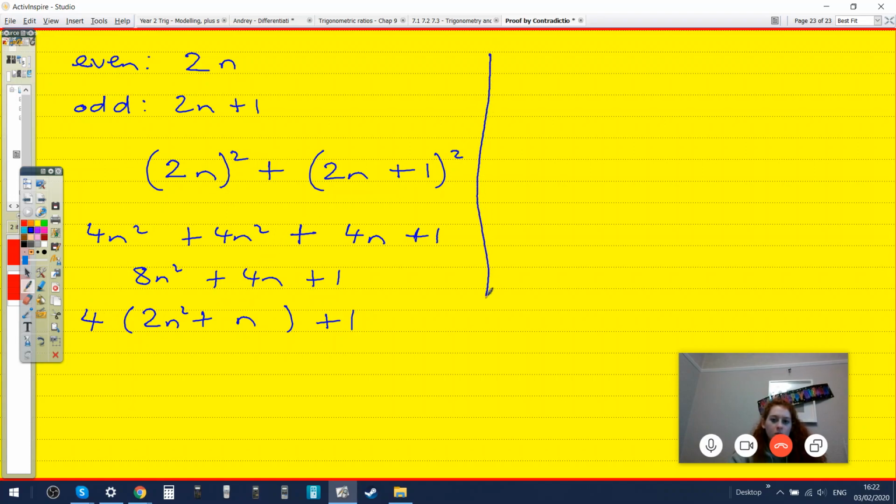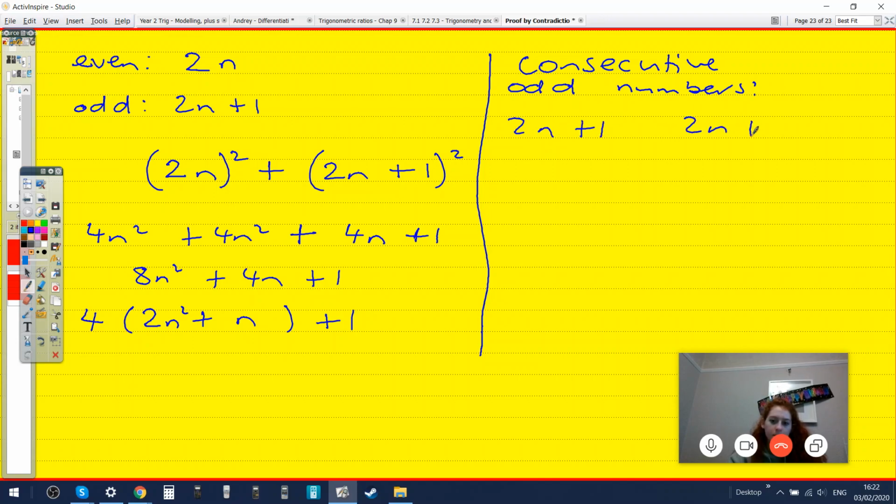Do you know how you would write 2 consecutive odd numbers? Would it be like 2n plus 1 and 2n plus 3? Yes, exactly. And they might ask you something about that, like show that the difference between the sum of the squares is something, and maybe this time it would be minus. I put the bigger one first.